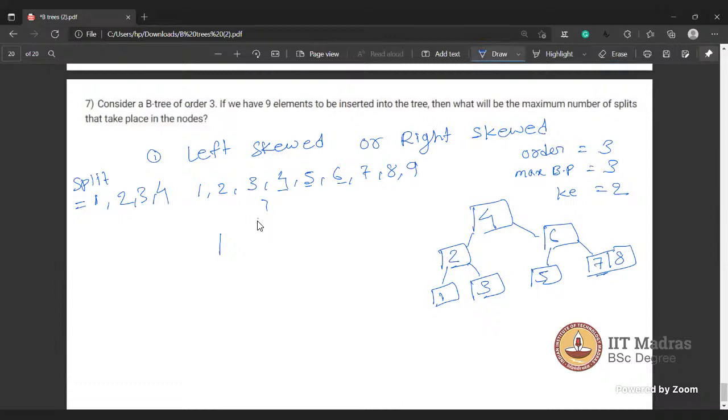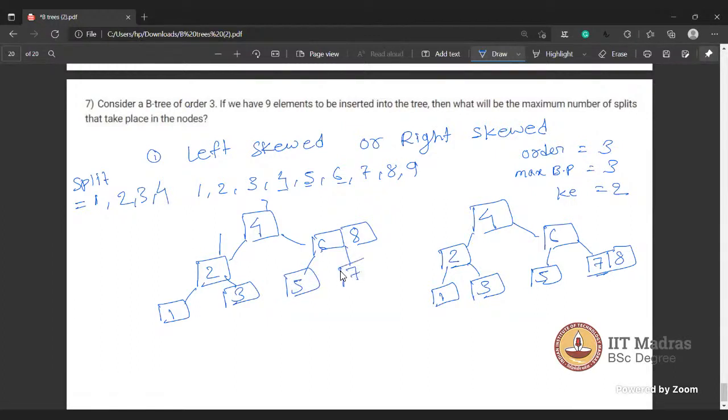So 4 at the root, then 2, then 6 and 8, and the leaves 1, 3, 5, with 5 in the middle. So the total number of splits is 5. So, has everyone got this question?